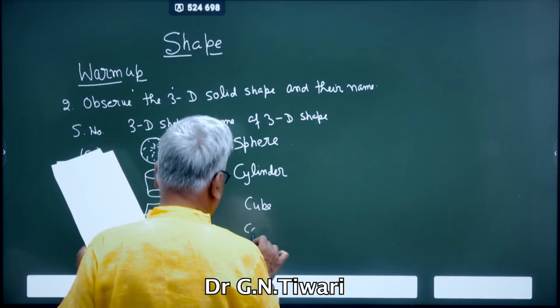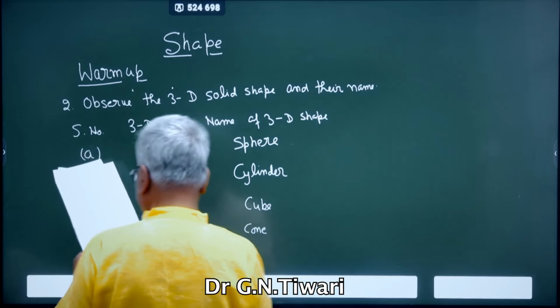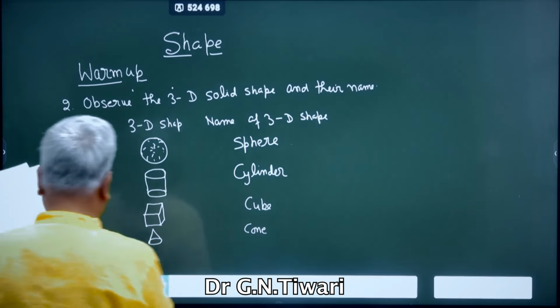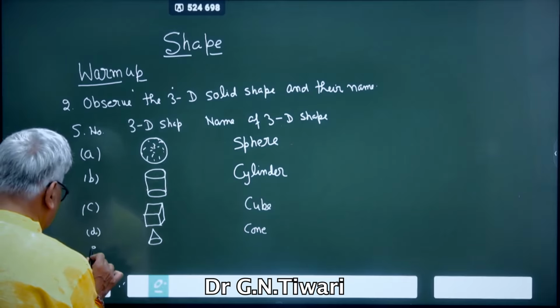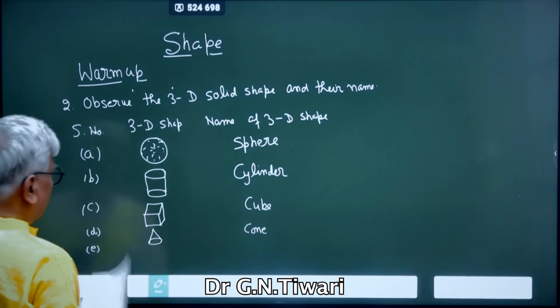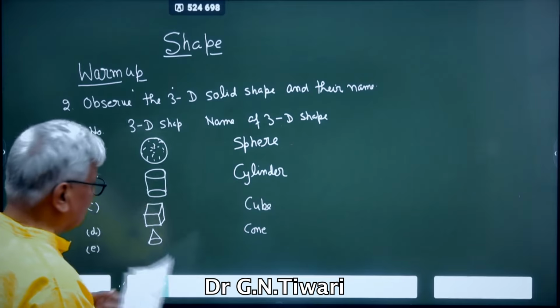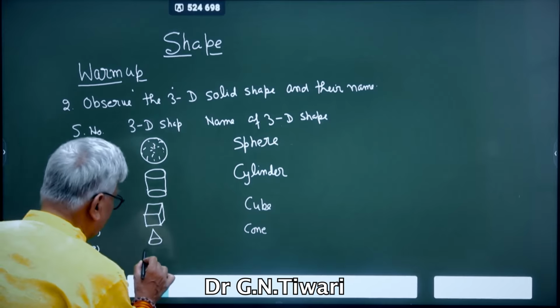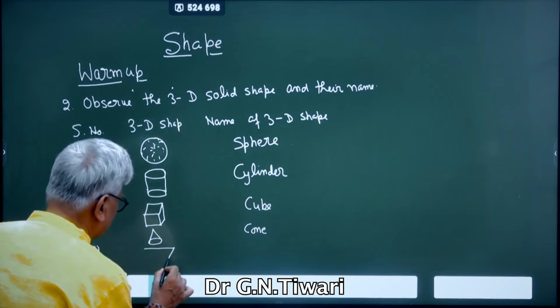In cone, they might have taken the ice cream. E. Cuboid. There is difference between the cuboid and the cube. In a cuboid, you have to make a big one, and this is a small one.